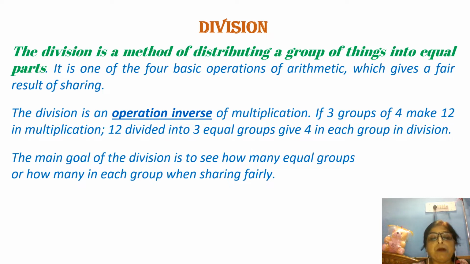The main goal of division is to see how many equal groups there are, or how many each group is sharing fairly. So, in short, we can say that division is distributing things into equal parts. There is equal distribution of everything.